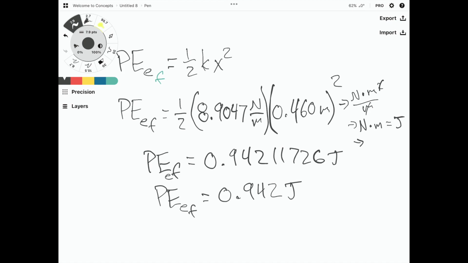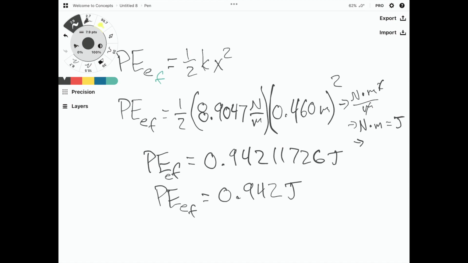My potential energy elastic final is equal to 0.942 joules. If we look at the units here, I end up with newtons times meters squared over meters, and that gives me newtons times meters. Wow, that's really sloppy. Hold on.